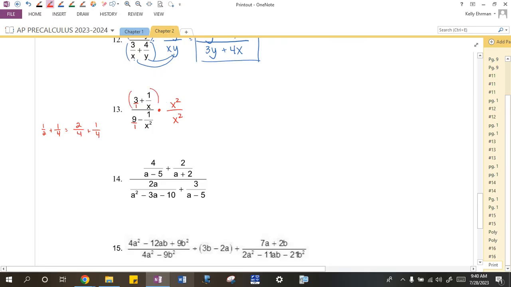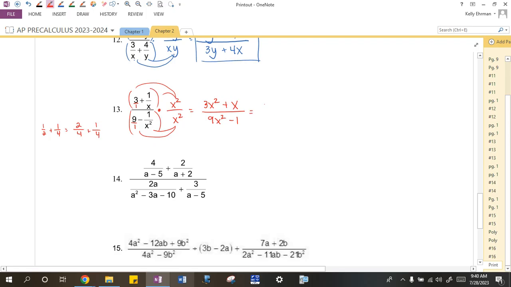All right, so multiply x squared through. 3 over 1 times x squared is just 3x squared. 1 over x times x squared would become plus x. Same thing in the denominator. 9x squared. 1 over x squared times x squared is 1. This is minus, so minus 1.